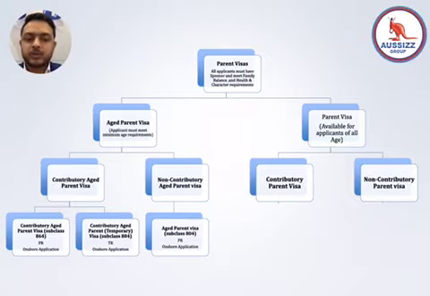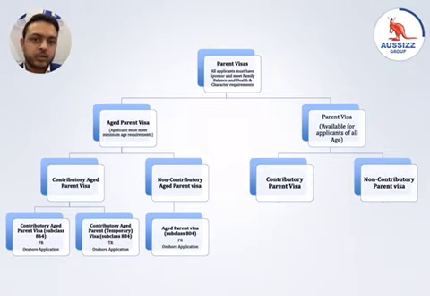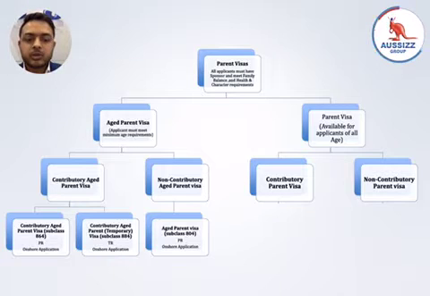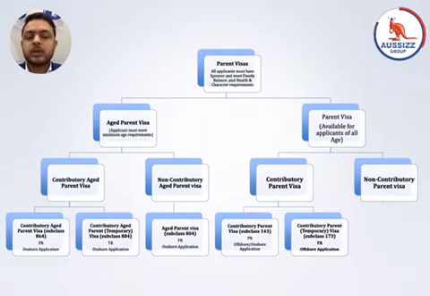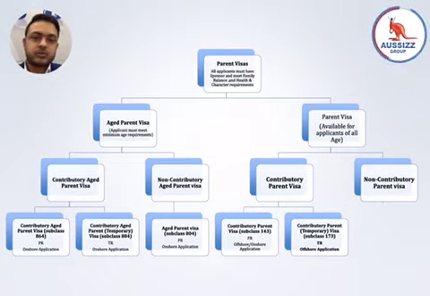Now, under the normal parent visa, again there are two categories, contributory and non-contributory. Under the contributory parent visa, there are two subclasses again, subclass 143 and subclass 173. Subclass 143 is a permanent resident visa, and this application can be lodged onshore or offshore, that doesn't really matter because you don't really get a bridging visa.